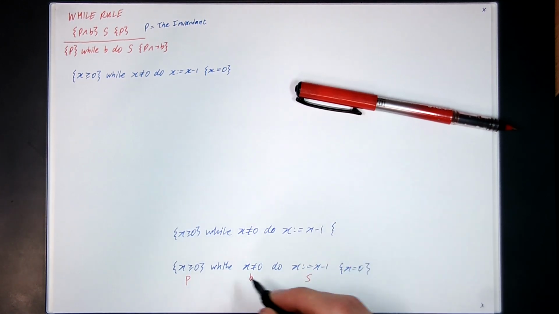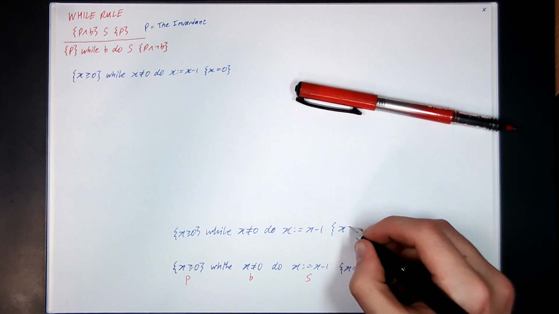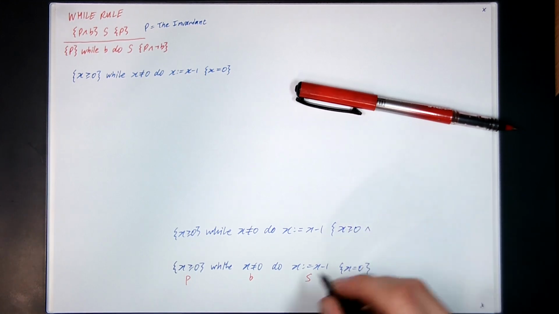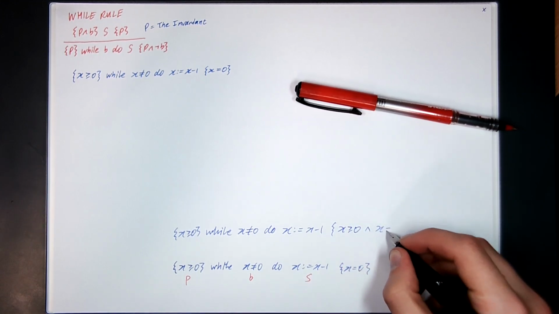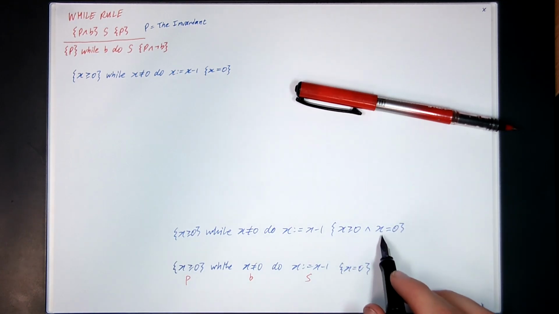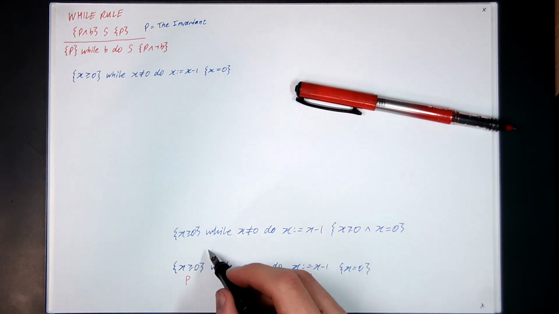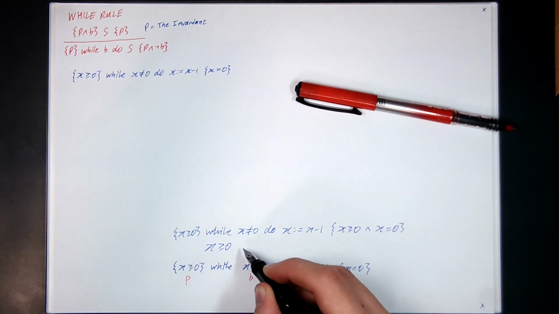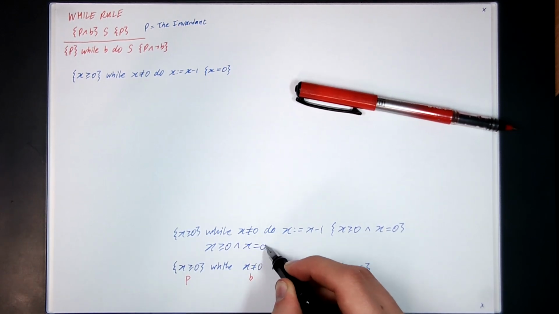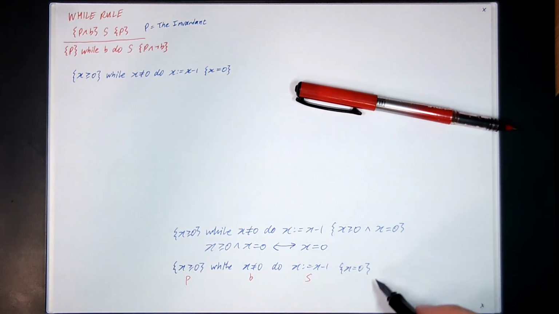And now I'm just going to write in P and not B. So P, x is greater than or equal to 0, and not B, x is equal to 0. Our postcondition is now x is equal to 0 and x is greater than or equal to 0, which looks logically equivalent to this one here, right? Because x greater than or equal to 0 is redundant information.